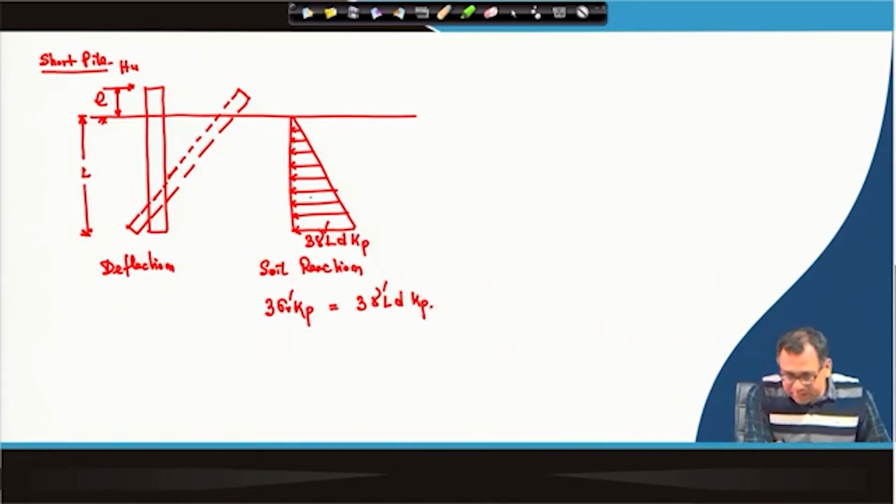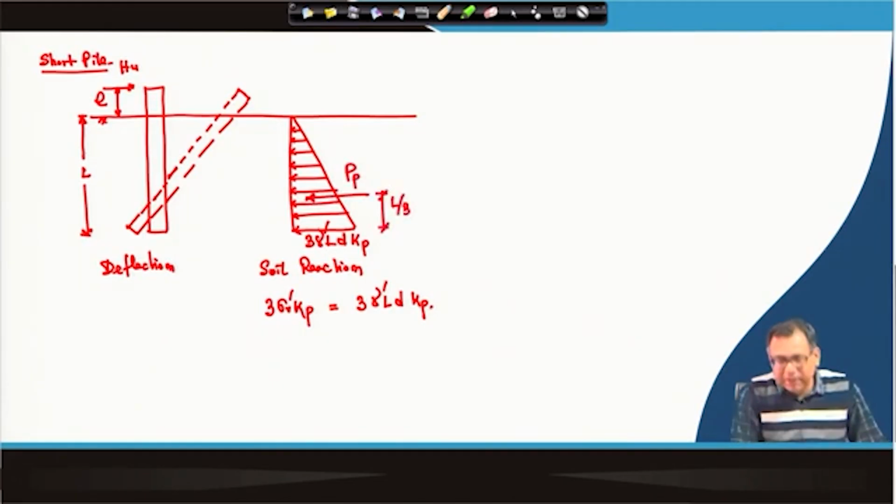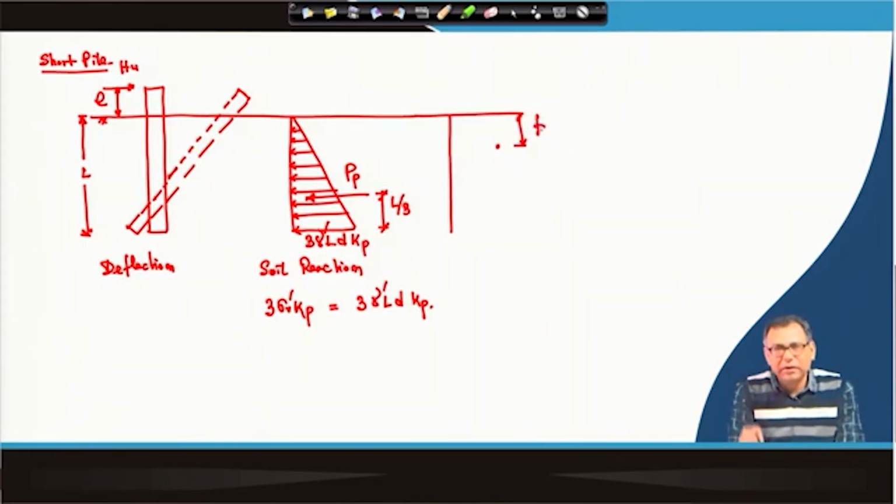Okay. And here this total passive force Pp will act at a height of L by 3 from the base of the triangle or the pile. And again the maximum moment will act at a distance f from the top, but here no zero earth pressure condition exists like the cohesive case, where the top 1.5 d has zero earth pressure.